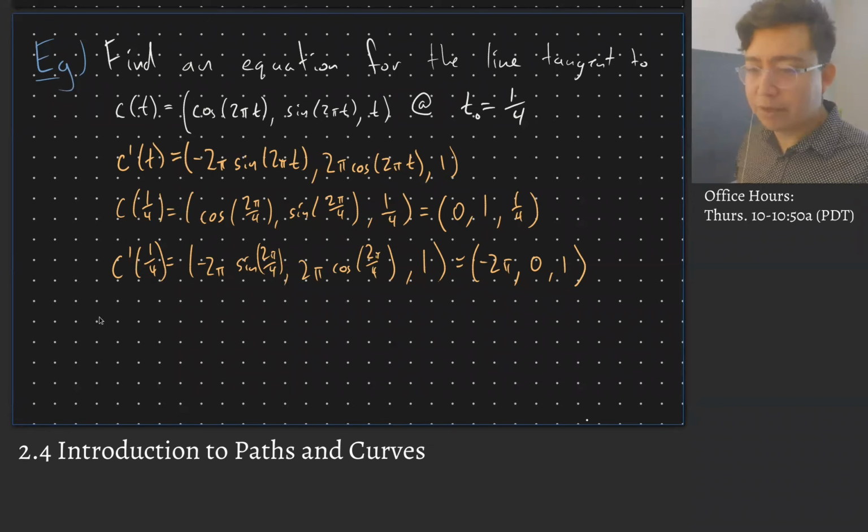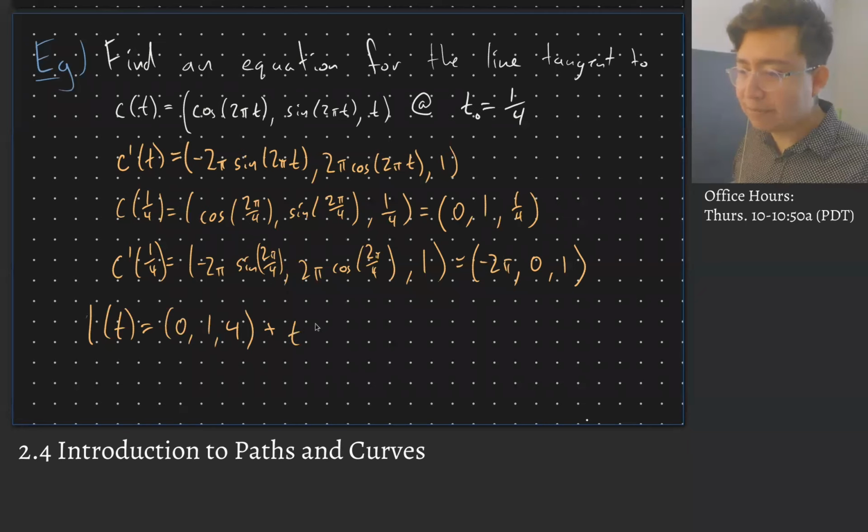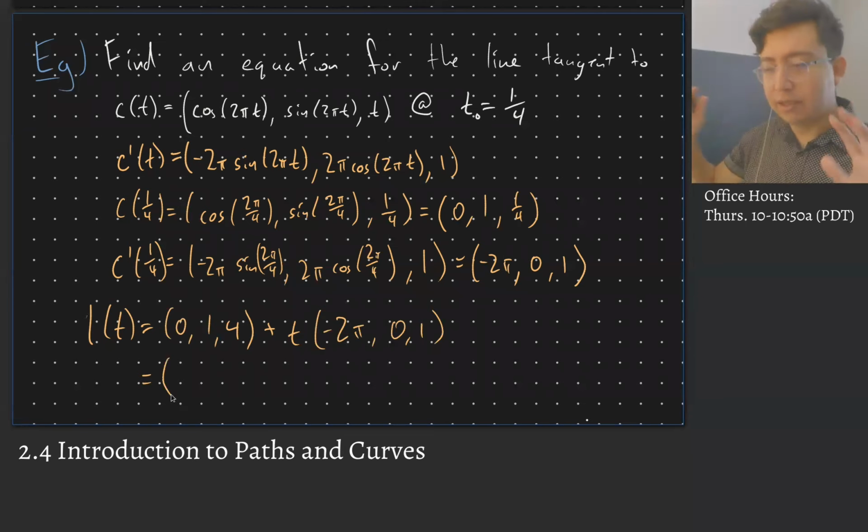So the equation for the tangent line will be c of 1/4, so 0, 1, 1/4, plus t times c prime at 1/4. This is totally valid. I usually like to see the x, y, z in its final form.